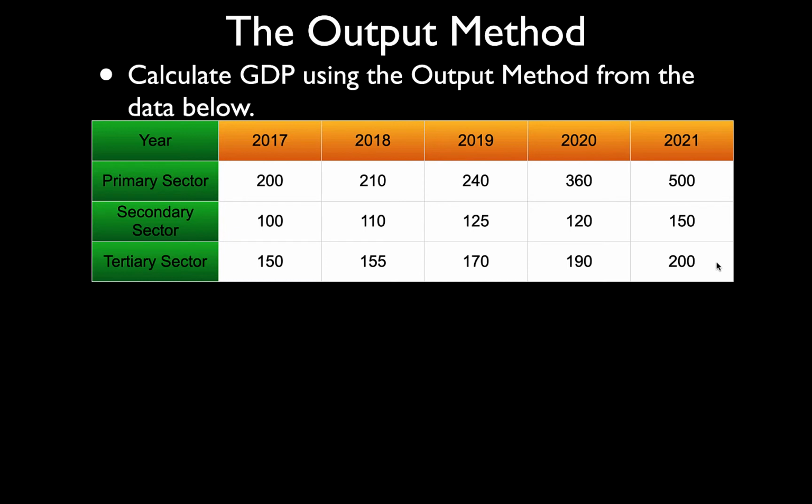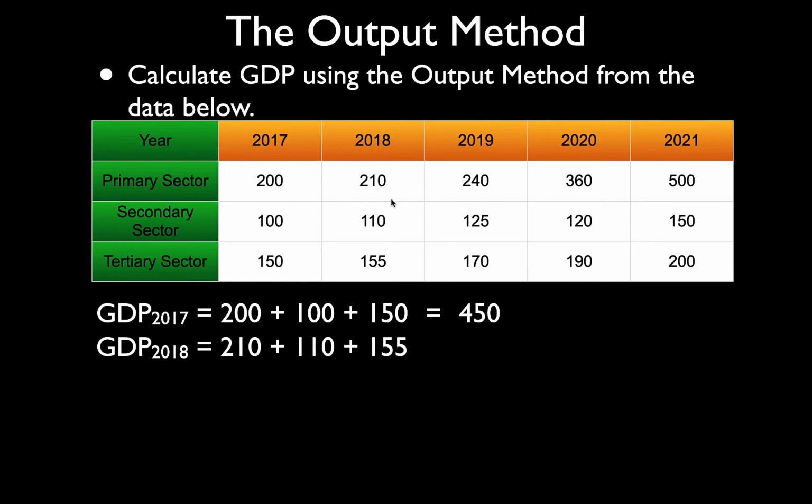Now, honestly, this couldn't be easier. I'm not saying that in case you're confused, but I promise you, you've got this. So all we're going to say is, in 2017, we add up the total value of all final goods and services produced. There is no value added here. So if I add up 200 plus 100 plus 150, I get 450 euro, yen, dollars, whatever.